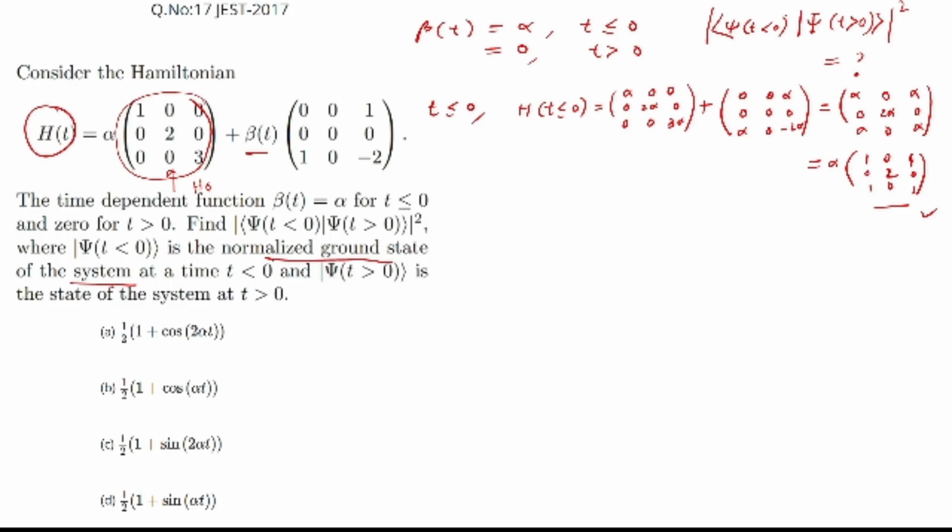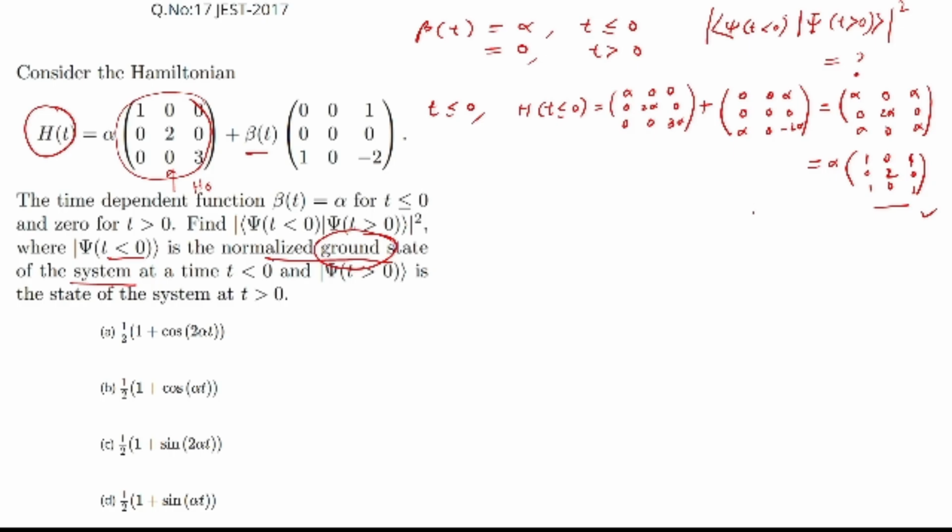Fine. So what will be the eigenvalues for this case? Because psi of t for t less than 0 is the normalized wave function for the ground state. So we have to find the eigenvalues for this Hamiltonian, then the minimum eigenvalue will correspond to the ground state.